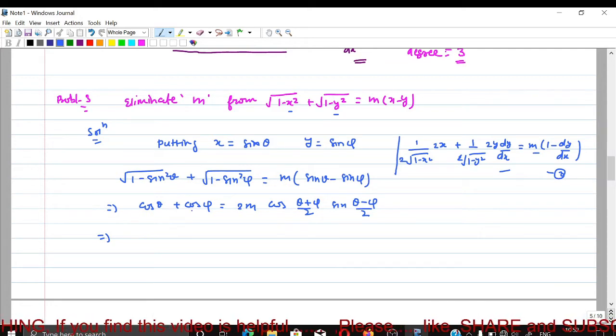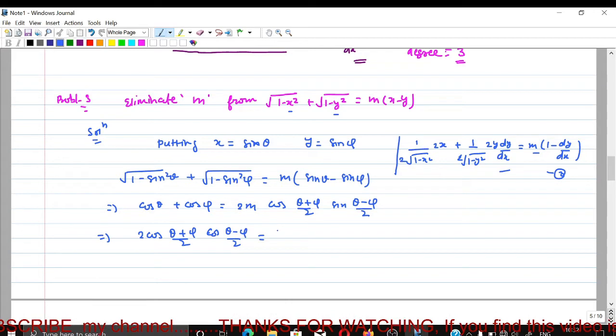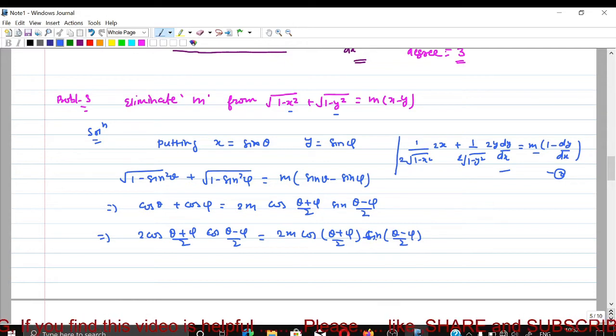Using cos A plus cos B, 2 cos((theta plus phi)/2) cos((theta minus phi)/2) equal to 2m cos((theta plus phi)/2) sin((theta minus phi)/2). The 2 and the common terms cancel out.